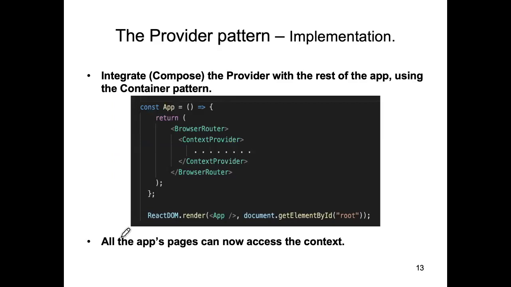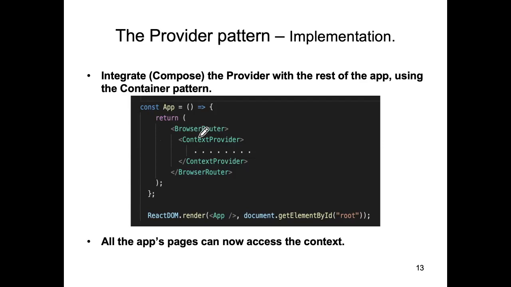Next, we're looking at the second part of the composition that goes on between the provider and other components. And typically, you compose the provider essentially with all of the other pages in your app. And so that would mean all of the other pages now can potentially access the context, can access my orange box. So I'm actually doing the composition within my routing configuration. Here's my provider component. It's part of my routing configuration.